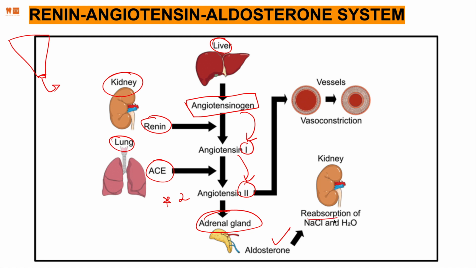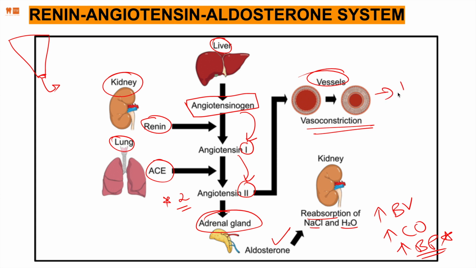Aldosterone leads to reabsorption of sodium chloride and water, increase in blood volume, increase in cardiac output, increase in blood pressure. Simple. The other aspect that angiotensin 2 acts on is direct vessels, causing vasoconstriction. Vasoconstriction increases PVR. Increase in PVR causes blood pressure increase. Very, very simple. Hopefully this diagram is now better.